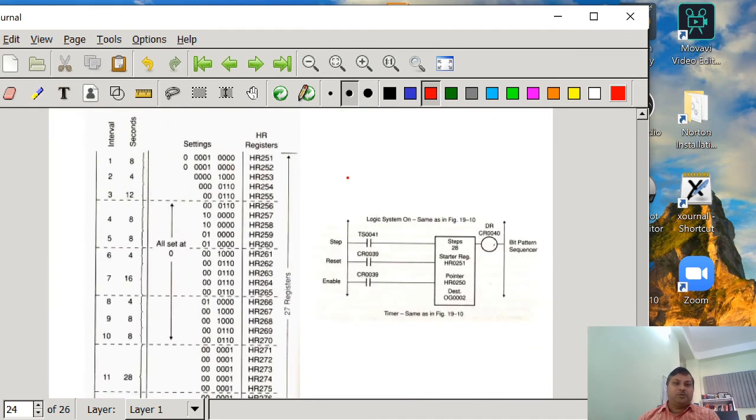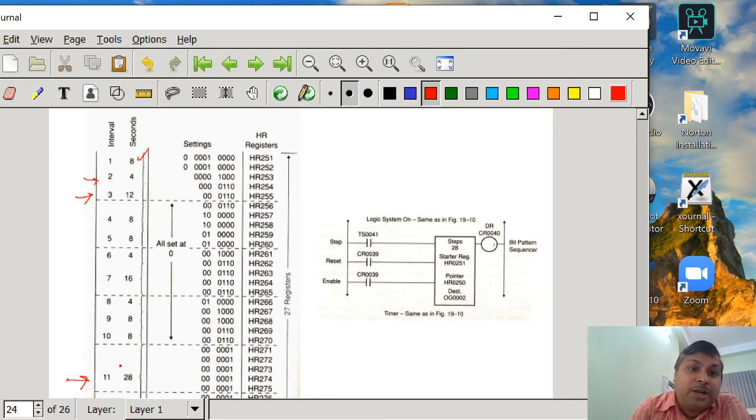Suppose we have fixed the 11 steps like this: first step will be 8 seconds, second step will be 4 seconds, third step will be 12 seconds. Like that we have fixed it. Suppose the 11th step will be performed for 28 seconds, so all are multiples of 4.